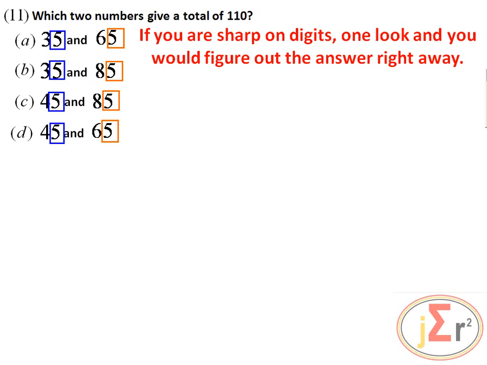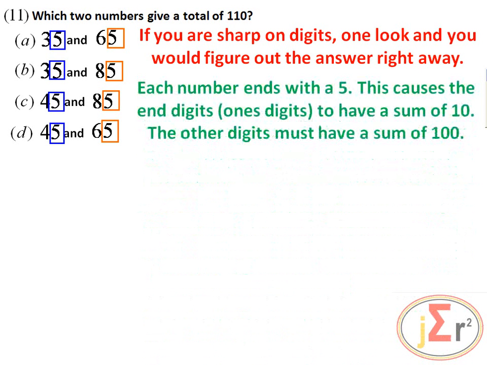And that is also simple if you know the digits that add to give 10. Each number ends with a 5, so the ones digits have a sum of 10. The other digits must have a sum of 100. In each case, those 5s will add to give 10. Therefore, we only need to get the sum that will give 100.